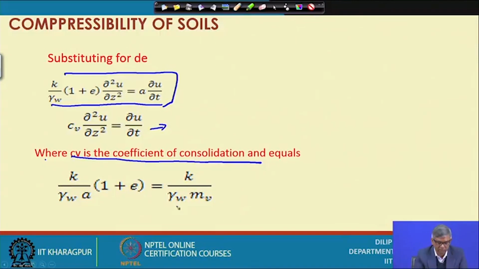So, Cv equal to k by gamma w mv, or Cv equal to k into 1 plus e by gamma w into a.